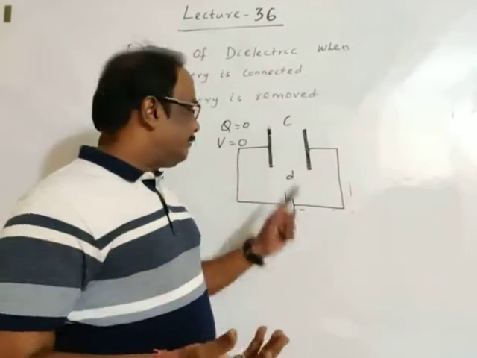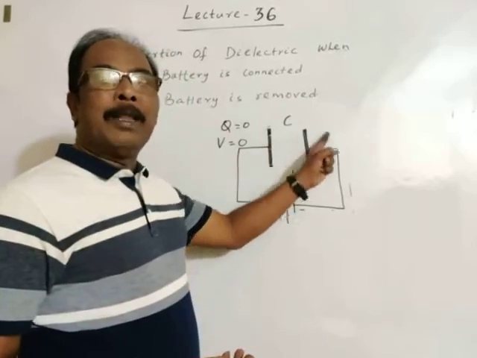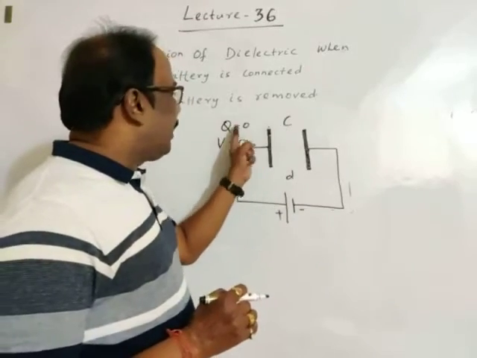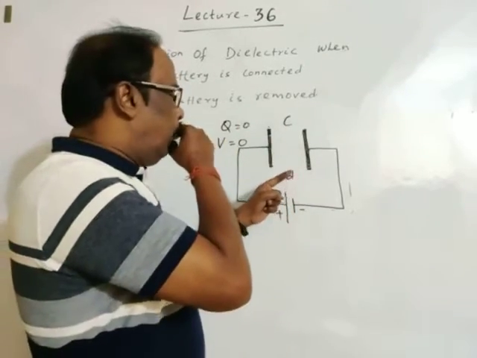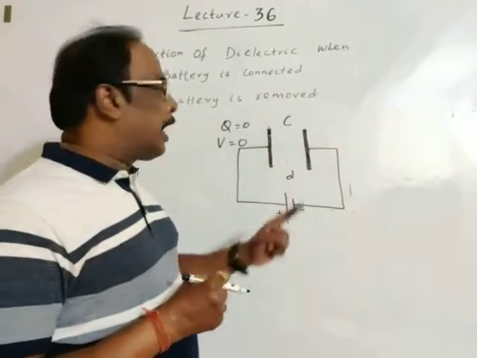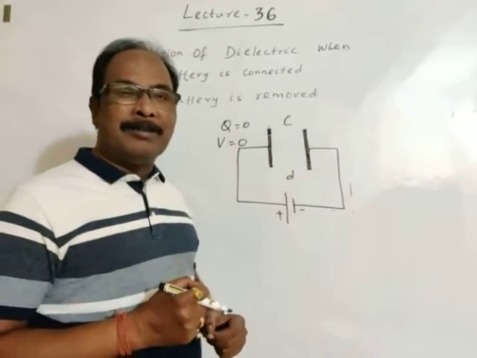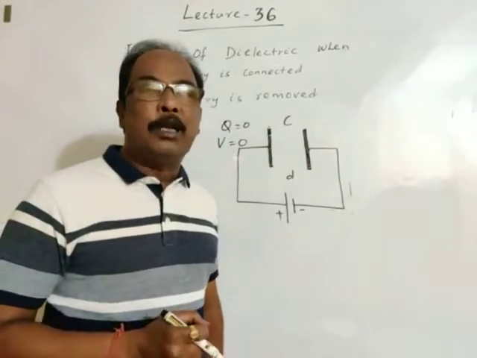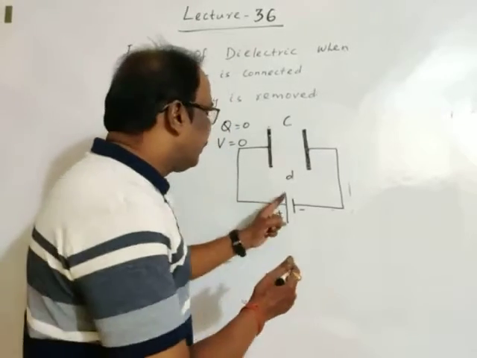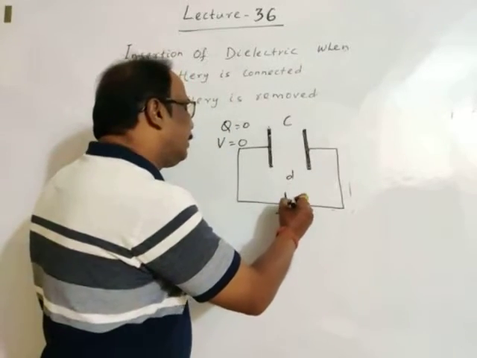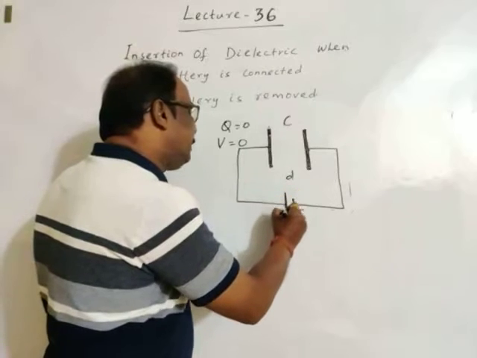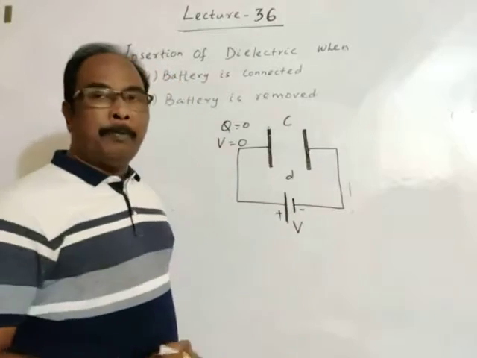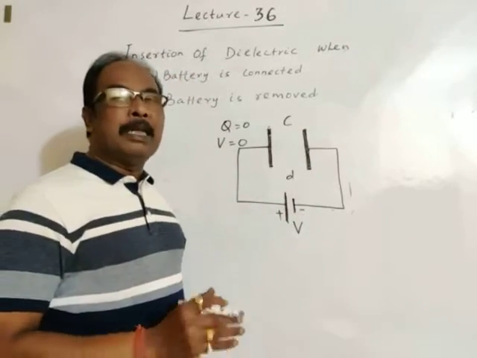If an uncharged capacitor is connected between the terminals of a battery, what happens? The positive terminal may be treated as at high potential and the other at low potential. The potential difference between the terminals of the cell is V.